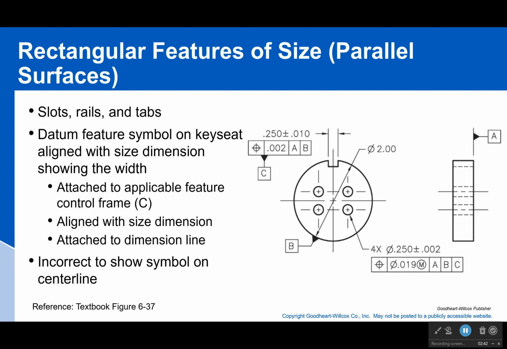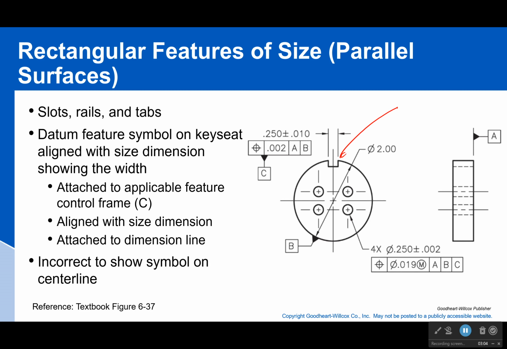Now, we've talked about cylinders, we talked about flat surfaces, but what about flat features of size, which in this case could be 2 parallel surfaces, or it could be like a slot right here, which is still 2 parallel surfaces that have been cut from something. We can, if we want to, count that as a datum. Now, how would we do it?